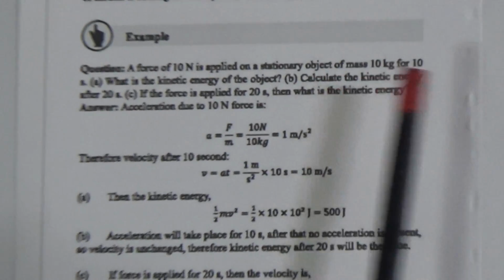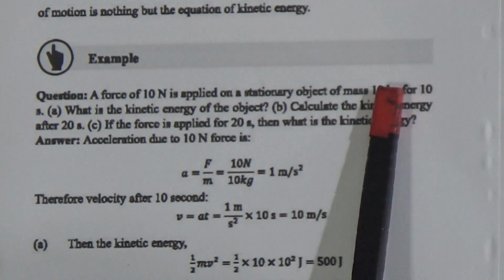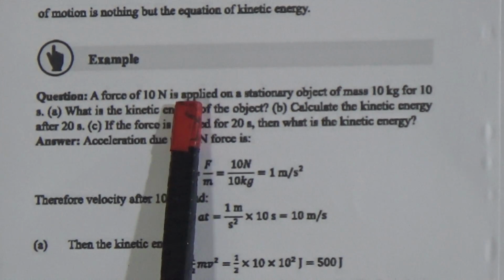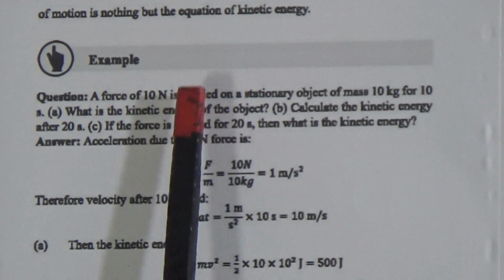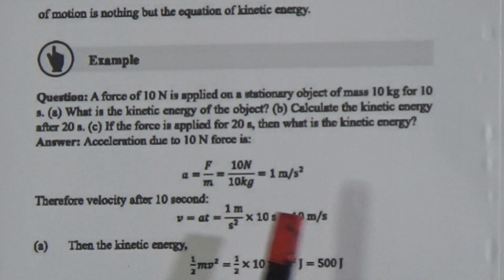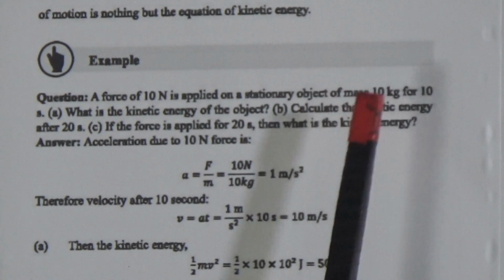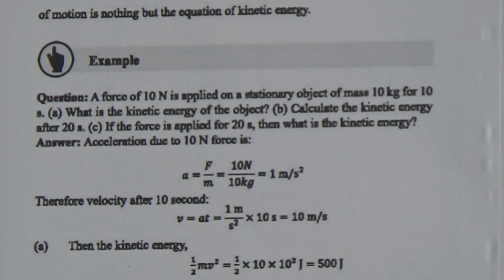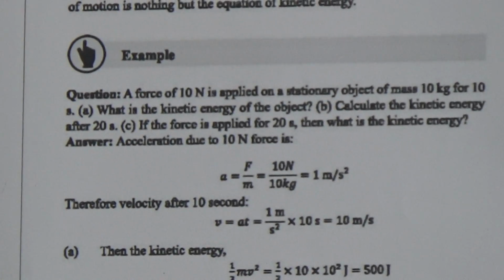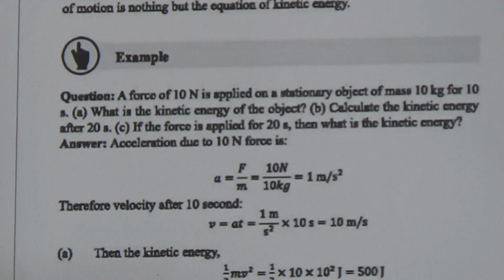Okay, my dear students, now question B, calculate the kinetic energy after 20 seconds. See, a force of 10 Newton is applied on a stationary object of mass 10 kg for 10 seconds. So after 10 seconds there is no acceleration and so velocity is also unchanged. So the kinetic energy will be the same after 20 seconds.